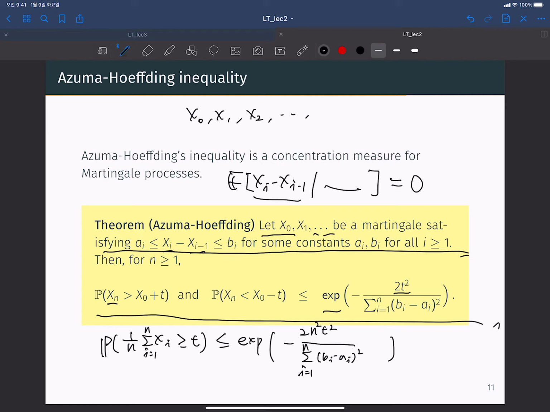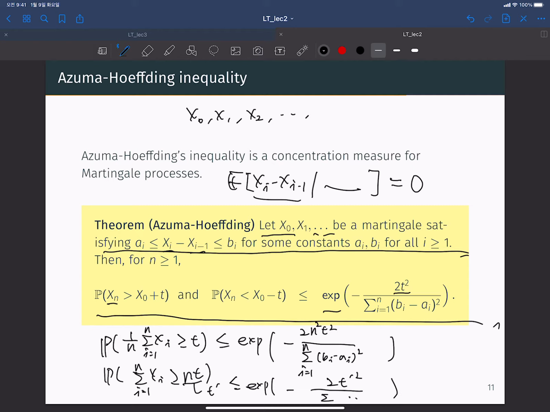So basically this is equal to the sum of xi greater than or equal to nt, right? And when we rewrite nt by t prime, this is less than or equal to exponential minus 2 times t prime square over the summation, right?